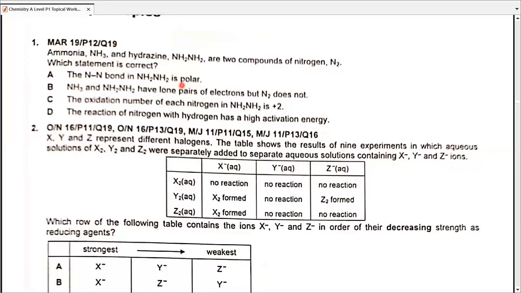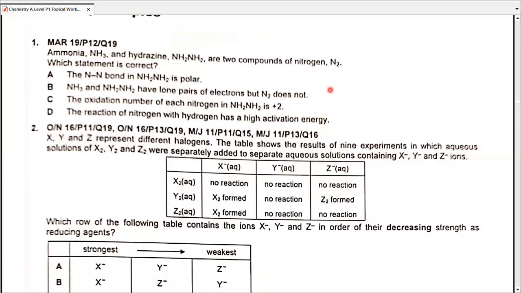Delta. Very good. Why do you think A is incorrect? It will be non-polar, since both are the similar atoms. So there will be no difference in electronegativity. Good. What about B?